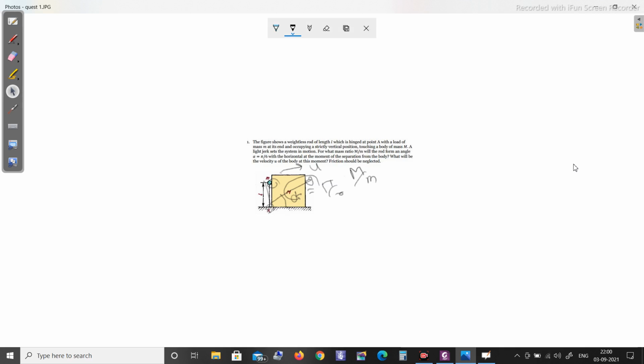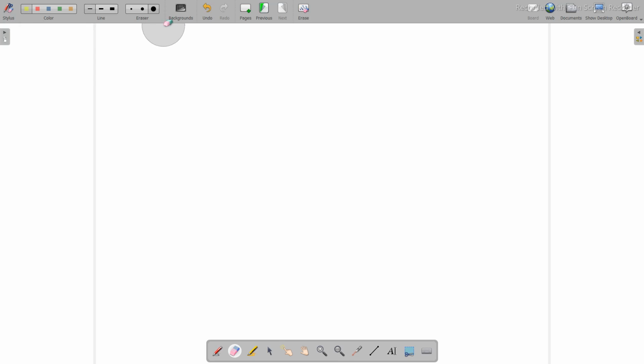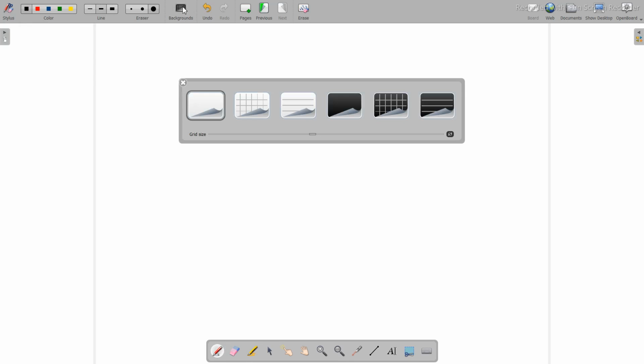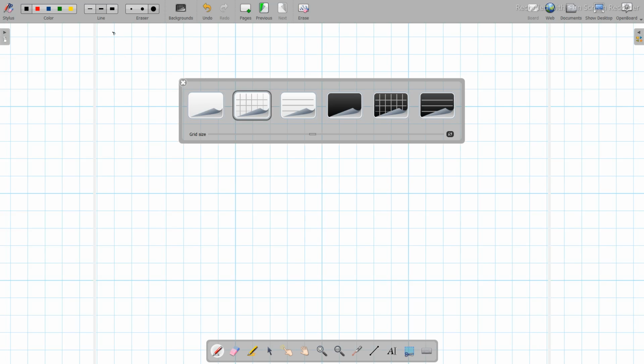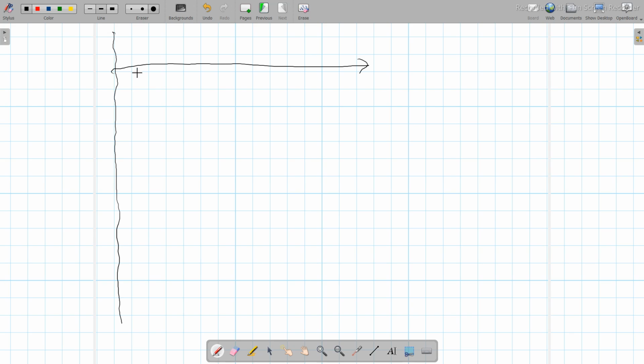So basically what I am trying to say is, at its initial position, this is point A. Now this is small mass m.